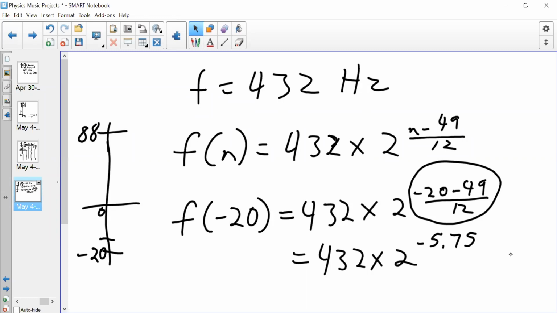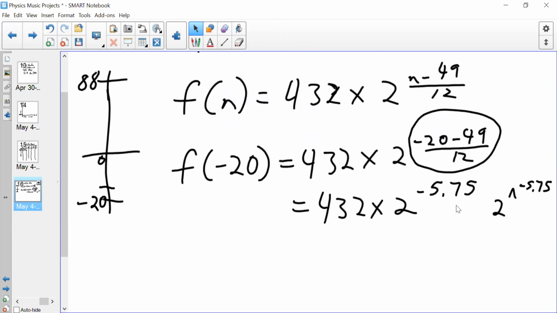If you can see that, I'm going to raise it to the power of negative 5.75, and you're going to get 0.01858, and so on and so forth.